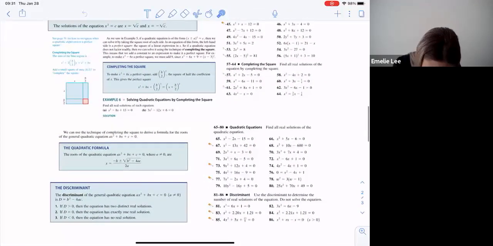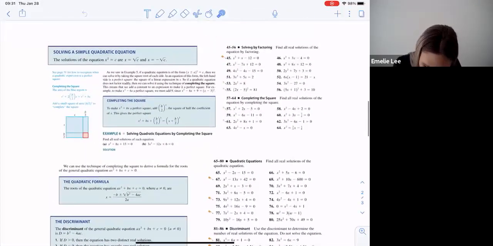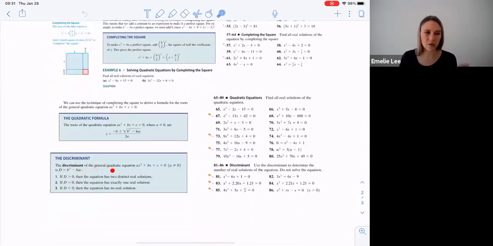Let's see here. There are a couple of things on here. Completing the square, I'm going to put that off until we need it in chapter 3. So just maybe make a mental note. And then we're not going to worry about the discriminant.